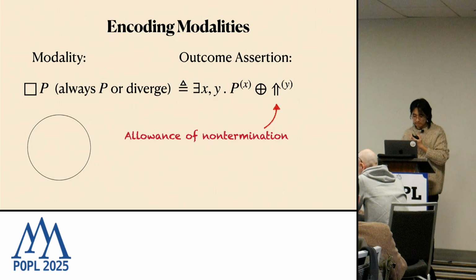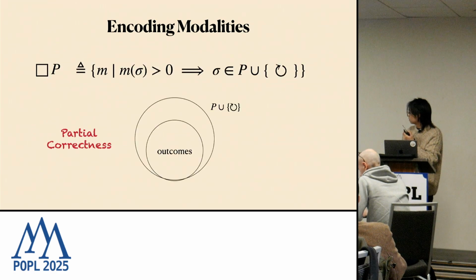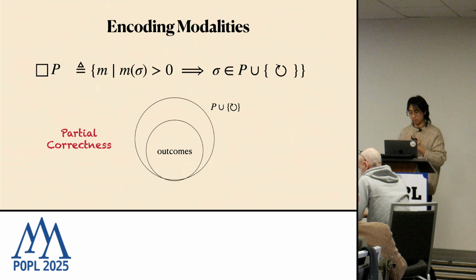Very intuitively, this just says that for any weighting function that satisfies square p, its possible outcomes either fall in p or diverge.